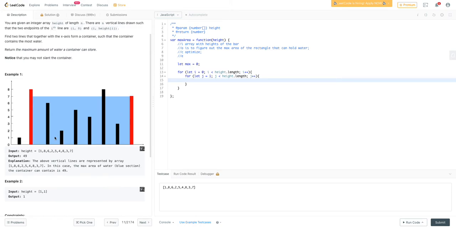The way we calculate the area is width times height, for the rectangle. Our width would be the difference between the index of the right side and the left side, or the distance between two bars.